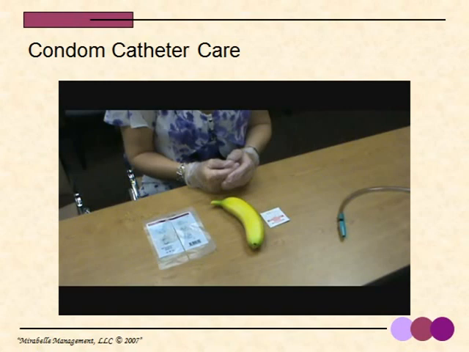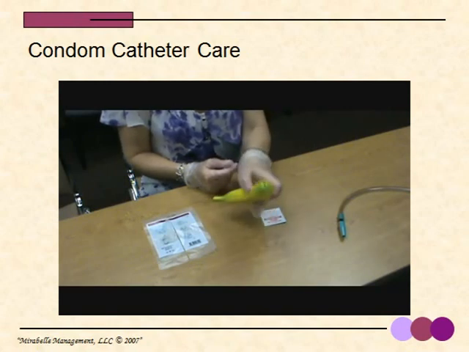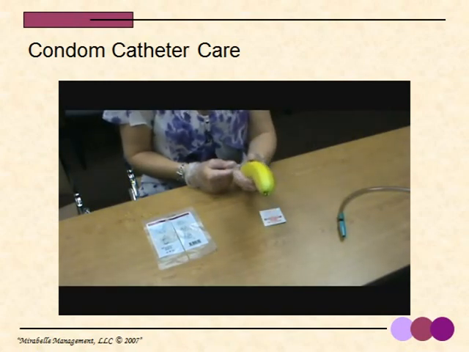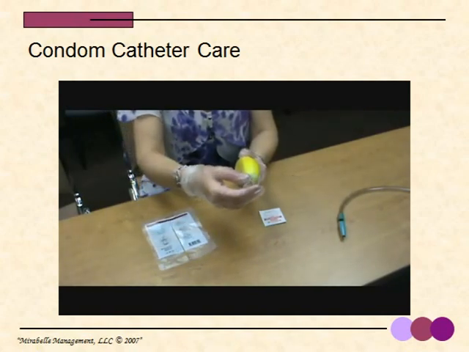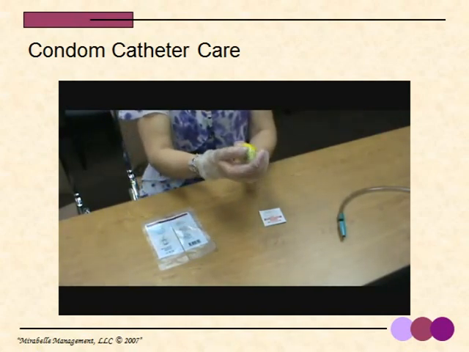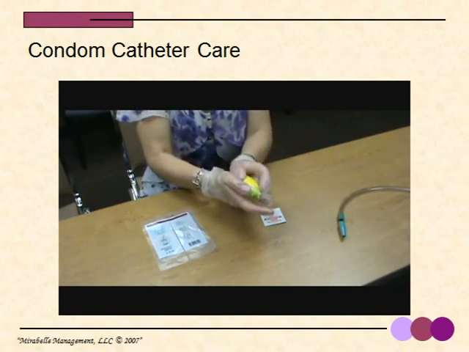The procedure is to hold the penis at a 90-degree angle from the body, and then you gently roll the condom over the penis, leaving 1 to 2 inches of the condom catheter at the end of the penis.